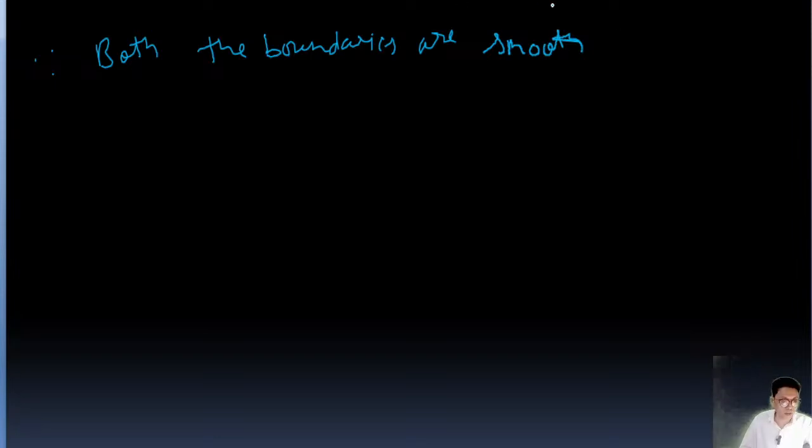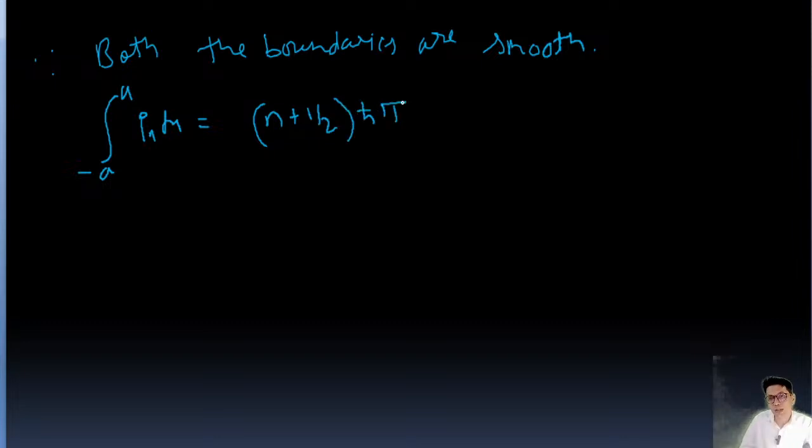So it means the integral from minus a to a of px dx is going to be n plus half times h cut pi, if both boundaries are smooth.